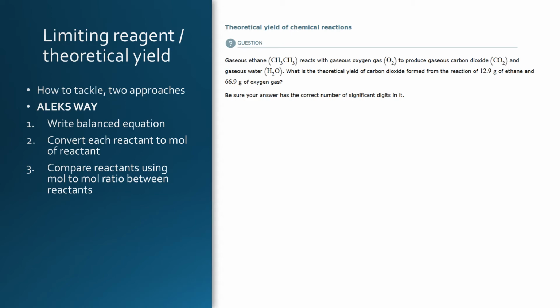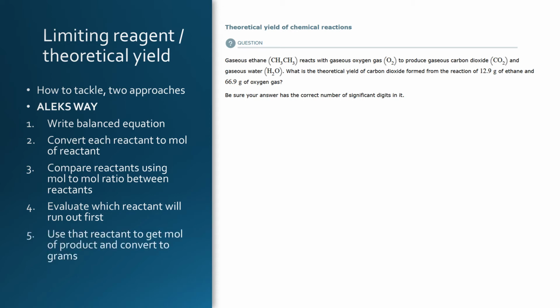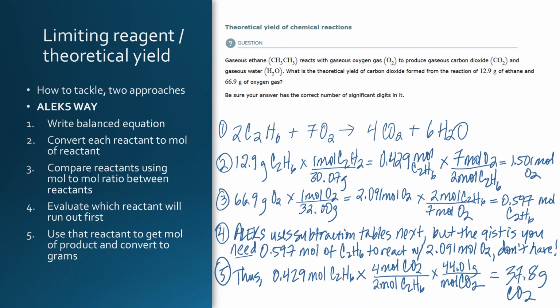In my way, you used the mole to mole ratio between product and reactant. Here you're using mole to mole ratio between reactants. In this case, you have to evaluate which reactant will run out first by comparing moles of reactant to one another. Then you use the moles of reactant that are limiting to get moles of product and convert that to grams.